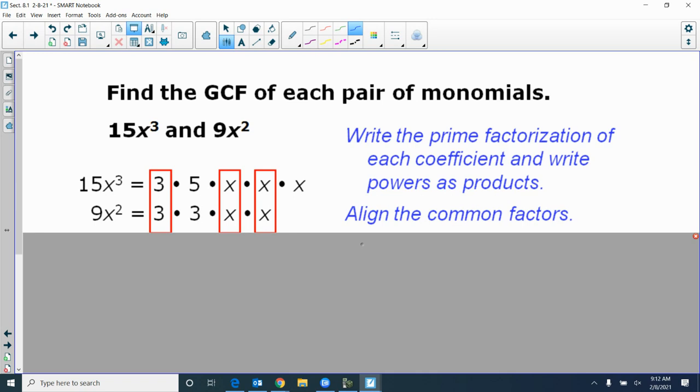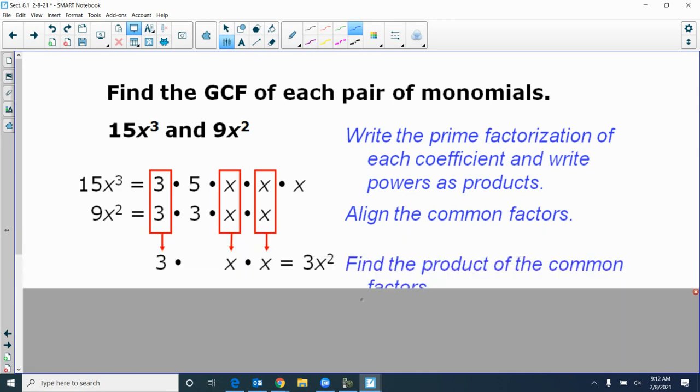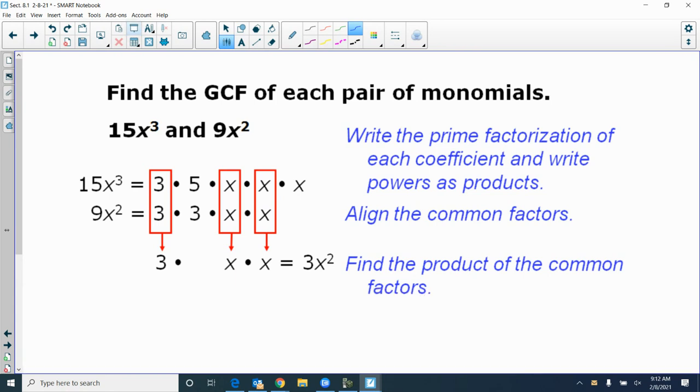What do they have in common? They each have a 3, and they each have a pair of x's. Your GCF will be 3x squared. For the variables, it's always going to be the smaller of the 2 exponents. If they both have the same variable, in the end, it's going to be the smaller one. That's a little bit of a shortcut.